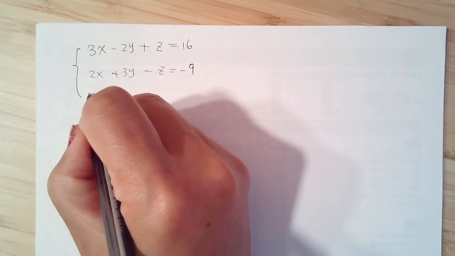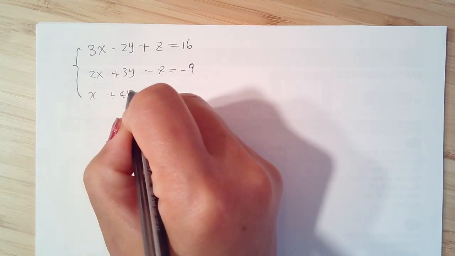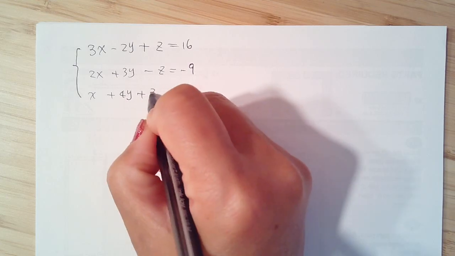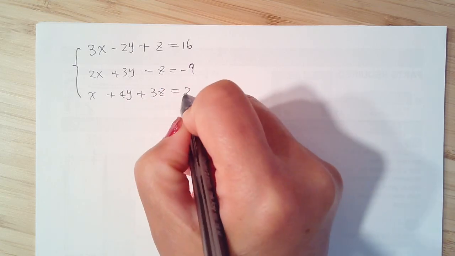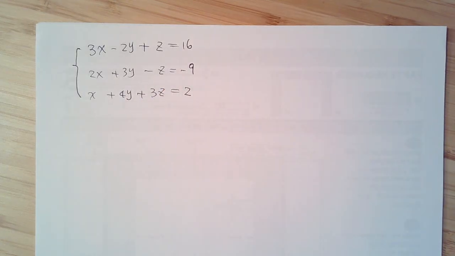And the last one, x plus 4y plus 3z equals 2. I ask you to use Cramer's rule to find the solution.